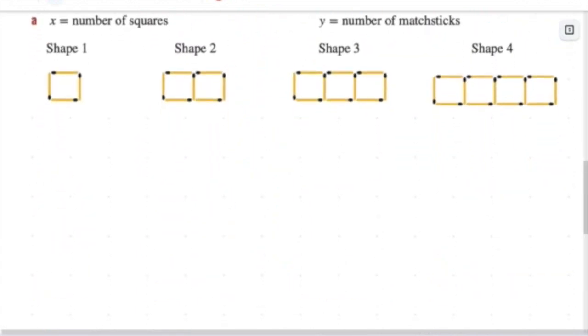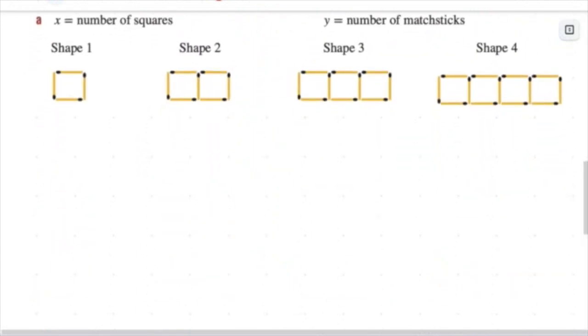Now, I said today that these linear relationships are all about finding patterns about how x and y change together, how two variables, two bits of information, change with one another. So here I have this pattern.